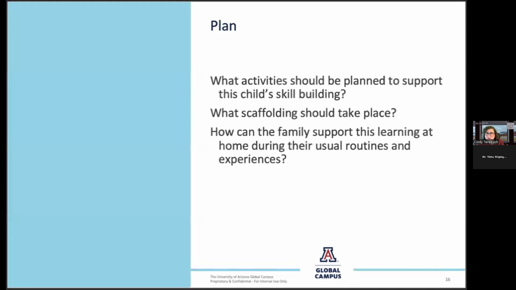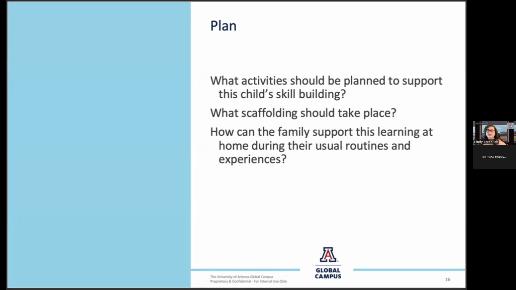And again, planning has 3 questions. What activities should be planned to support this child's skill building? If we were working with scissors, I'm not simply going to use scissors over and over and over again, because what I've realized is that the child needs to build fine motor skills. And using the scissors is really evidence of their fine motor skills.